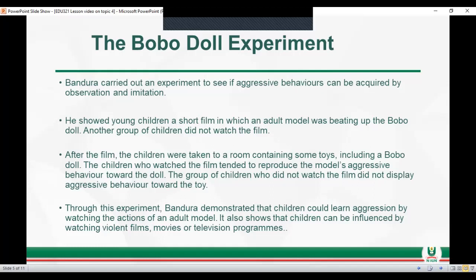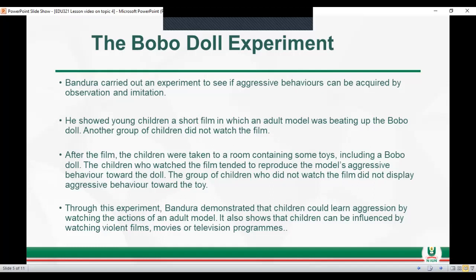After the film, all of the children, the two groups, were taken to a room containing some toys, including a Bobo doll. The children who watched the film tended to reproduce the model's aggressive behavior towards the doll.